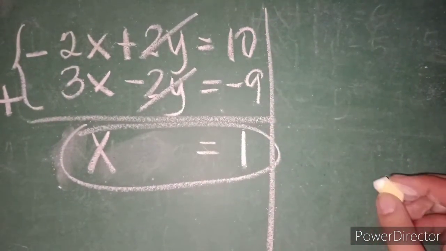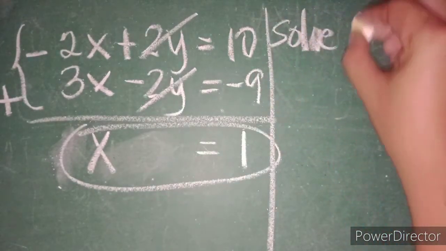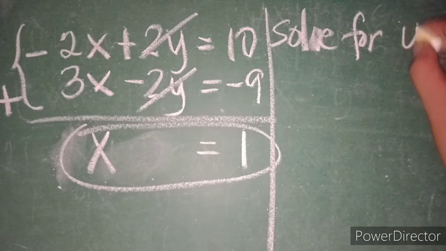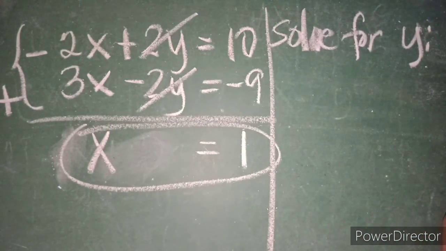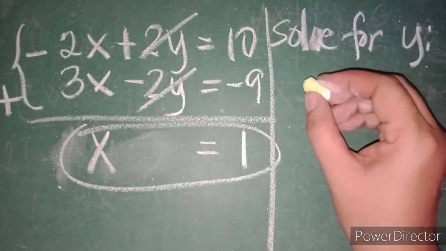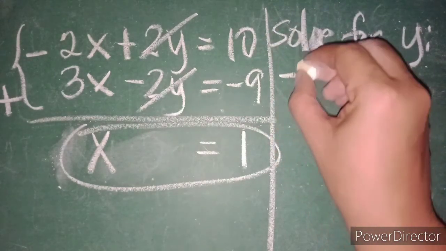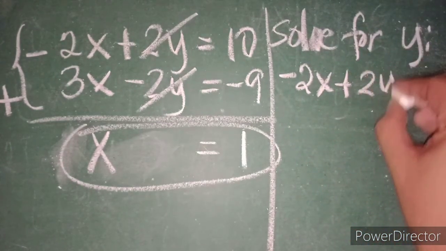Okay, so this time, isa-solve natin yung value ng y. So, para ma-solve ang value ng y, isa-substitute natin yung nakuha nating value ng x, which is 1. Okay, pipili tayo ng isa sa equation. Okay, so this time, ang gagamitin kong equation is negative 2x plus 2y equals 10.